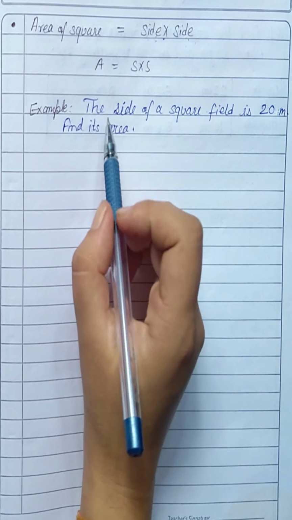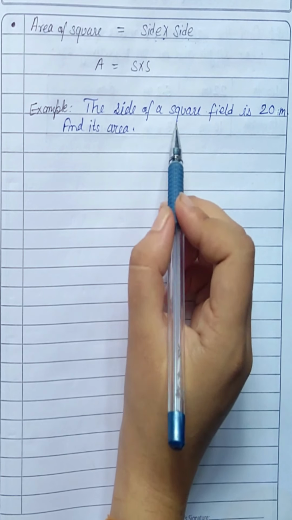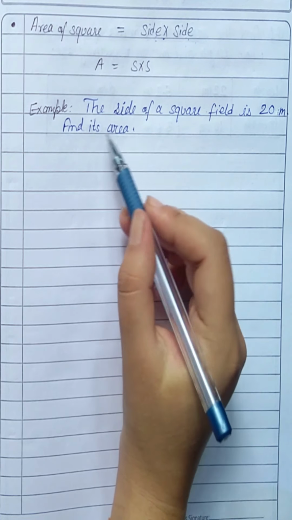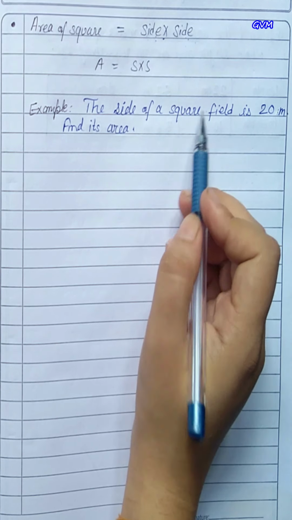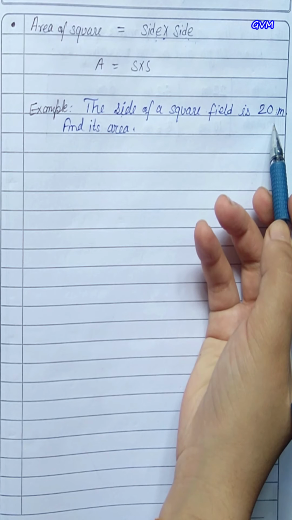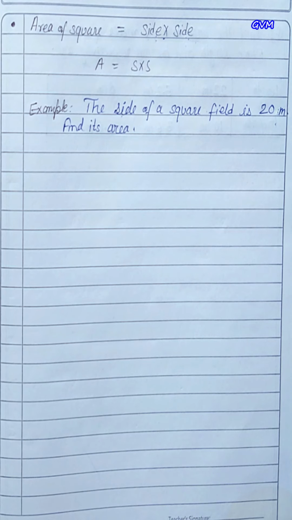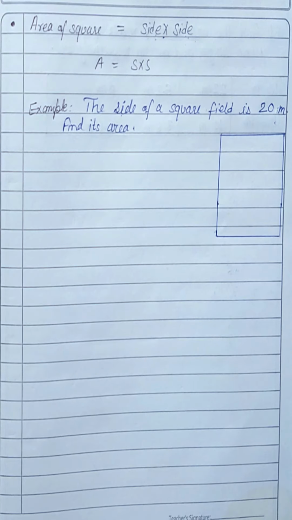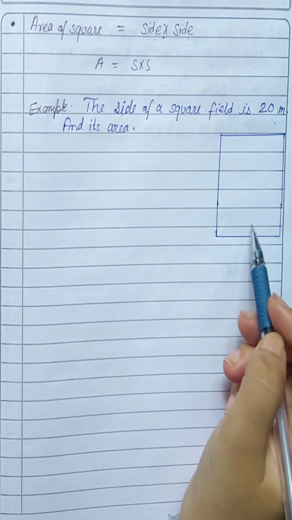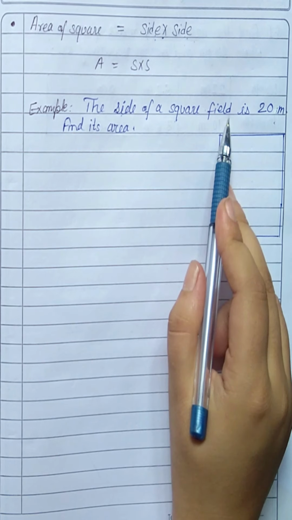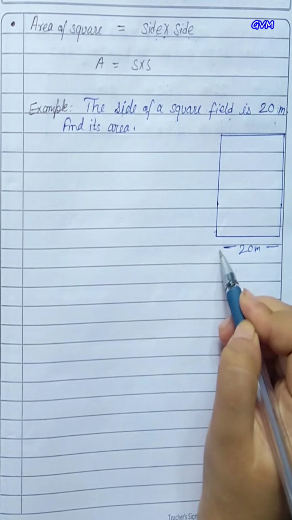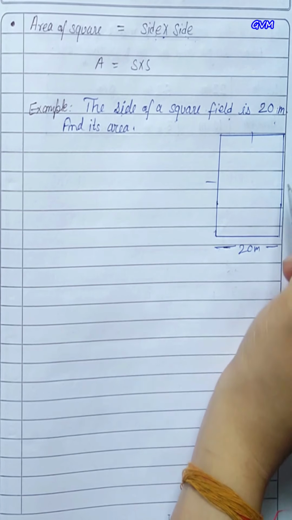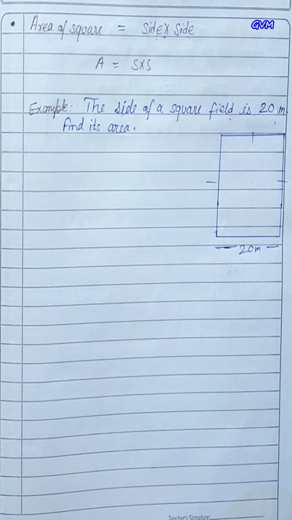For example, the side of a square field is 20 meter. Find its area. So we have been given the side of a square field as 20 meter and we have to find out the area. So let's begin. Let's draw the figure for the square first. Let's say this is our figure for the square field. And the side is 20 meter. That means all the other sides will be the same. Fine.